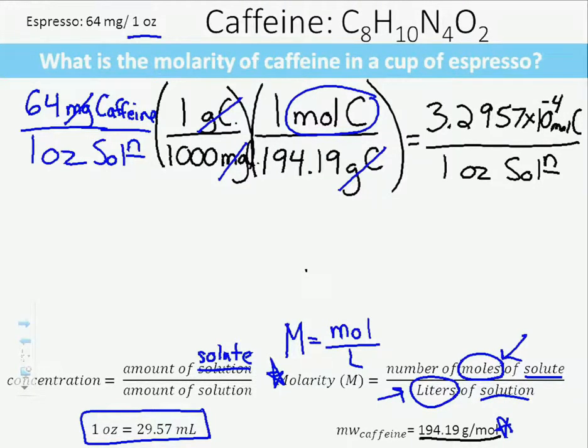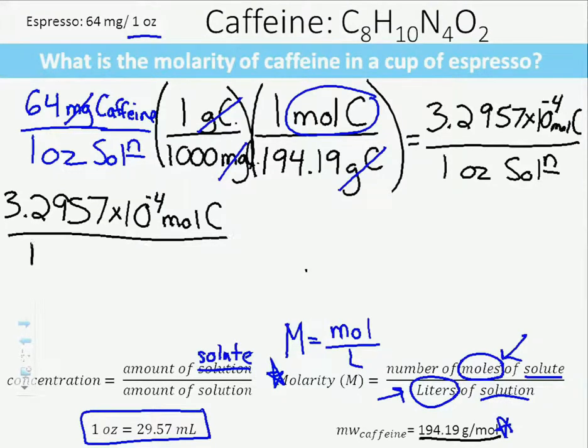Let's come back down to this next line. So I'm going to rewrite what we just have up above. Okay, so we have the top part of our equation good, but we don't have the bottom part working out yet. We have it in ounces.